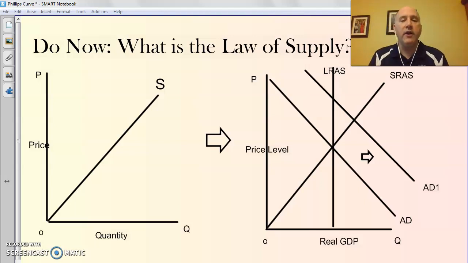So theoretically, if there's a higher price because of inflation, suppliers would want to supply more. And if they supplied more, that would mean they'd require how many workers? More workers. So if they required more workers, unemployment would go, that's right, down. And aggregate demand would move outward. And the GDP would rise. And the economy would be in a period of expansion.